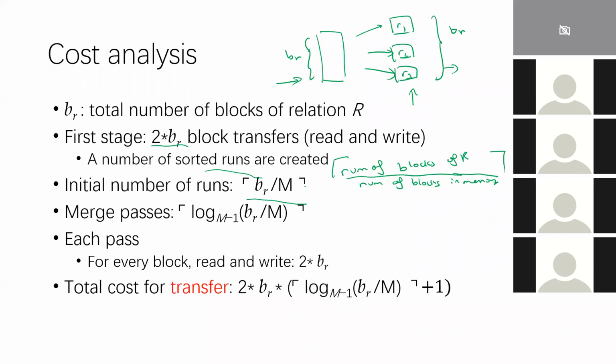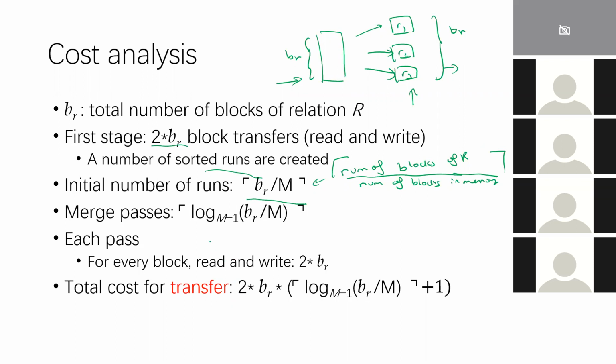This is the formula to find the number of runs. Basically, it's how many times you need to fill your memory in order to accommodate the entire tuples.